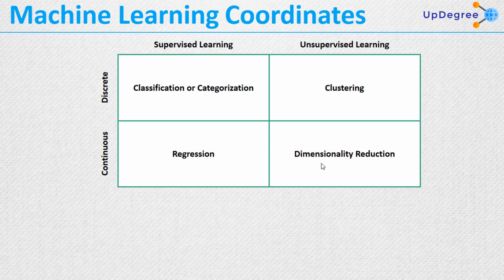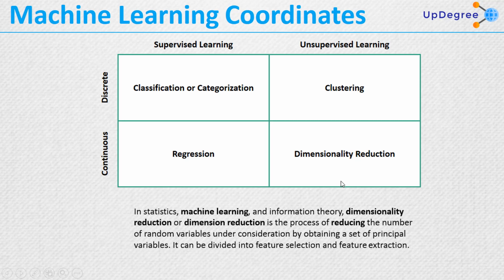So for all these categories we'll have a detailed discussion, but at present let us discuss what dimensionality reduction is. In statistics, machine learning and information theory, dimensionality reduction, also called dimension reduction, is the process of reducing the number of random variables under consideration by obtaining a set of principal variables. So in our data set we might have different feature attributes, but here we'll consider those feature attributes that would otherwise cause our system to be overfitted or underfitted.